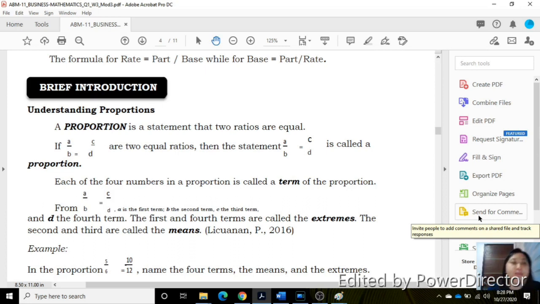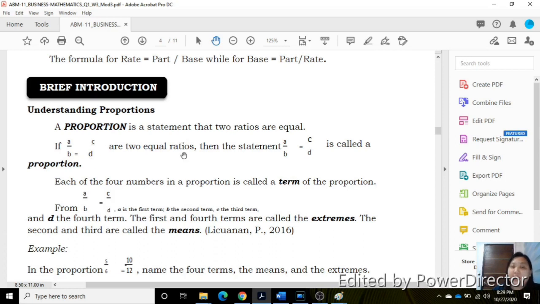Kung makikita mo, we have two ratios, which is dito, A is to B and C is to D. Kapag equal yan, those are proportion. Kapag naman hindi, siyempre that's not proportion.